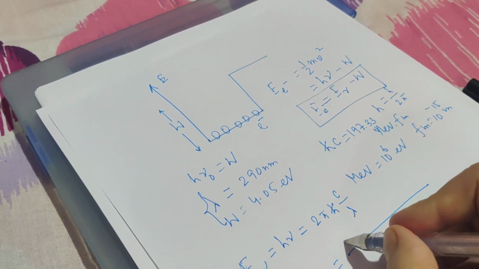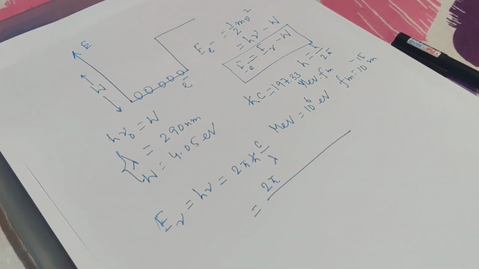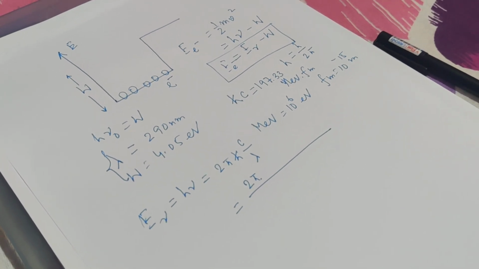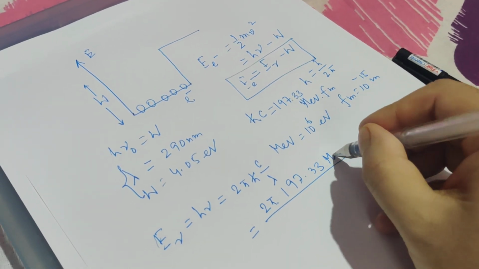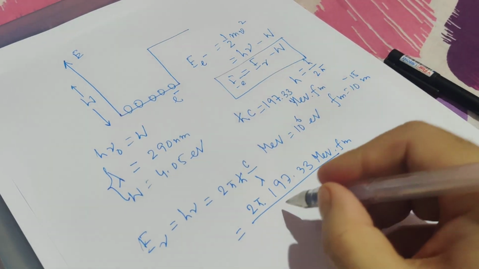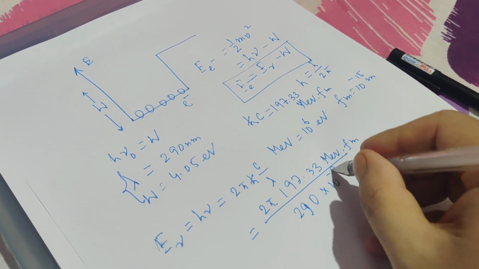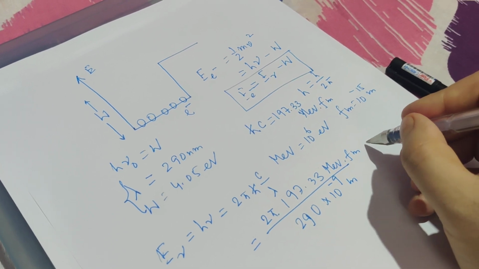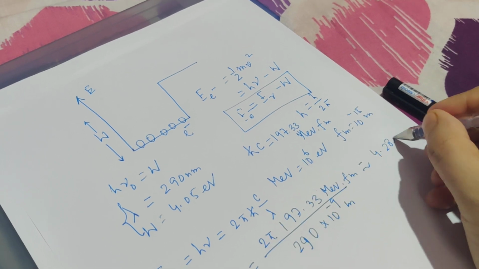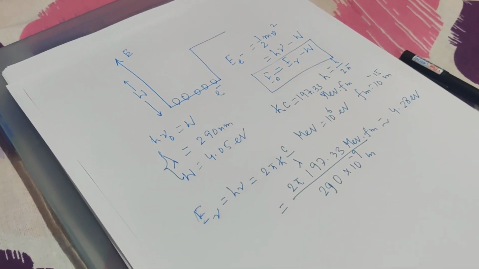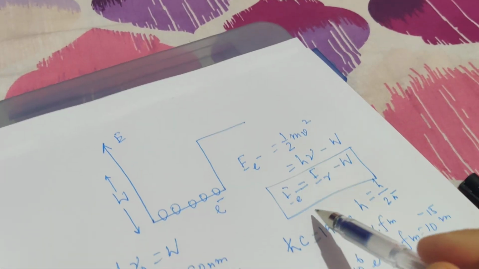Putting in the values, 2 pi times h-bar c, that is 197.33 MeV femtometer, divided by 290 times 10 to the power minus 9 meter, comes out to be precisely 4.28 electron volt.